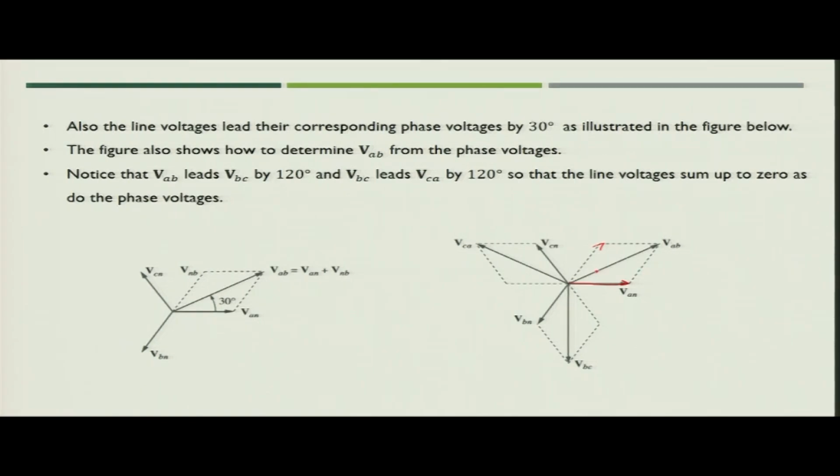This particular phasor V_AB is leading V_AN by 30 degree. Similarly, V_BC is also leading V_BN by 30 degree, and V_CA is also leading V_CN by 30 degree. So, you can see that the line voltage is leading the respective phase voltage by 30 degree.